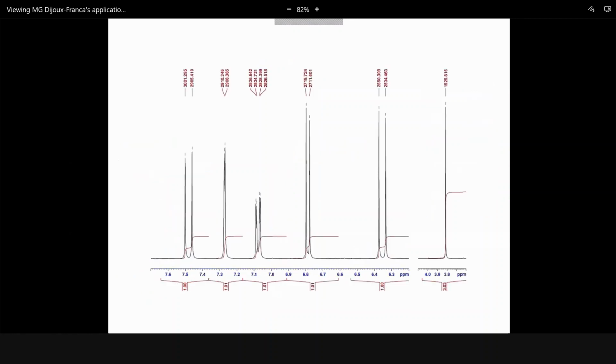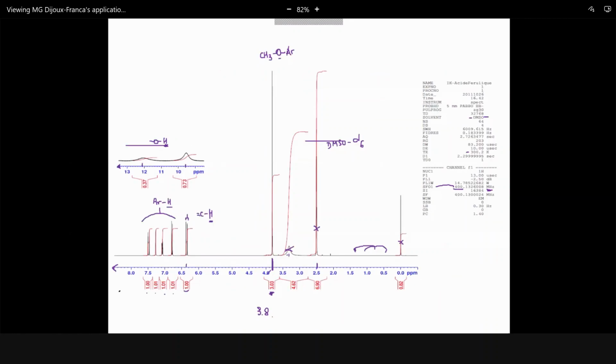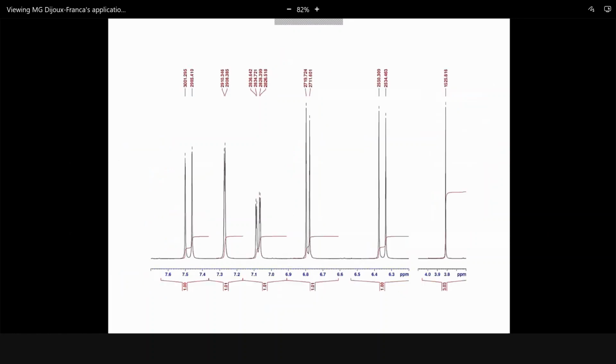Okay. So here is the broad part of the spectrum from 6.4 ppm until 7.6. Here we have the proton at 3.8 ppm.